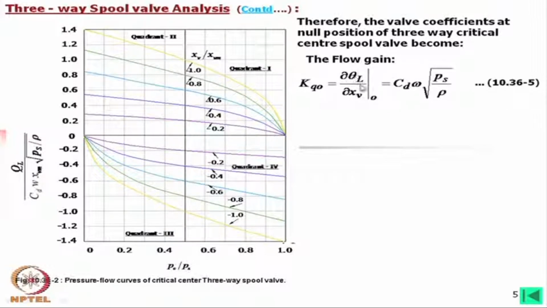This is del q l by 3. So, this is flow gain, that means how much gain will be there at null positions. This depends on the critical center or open center, and this ultimately can be written in this form.